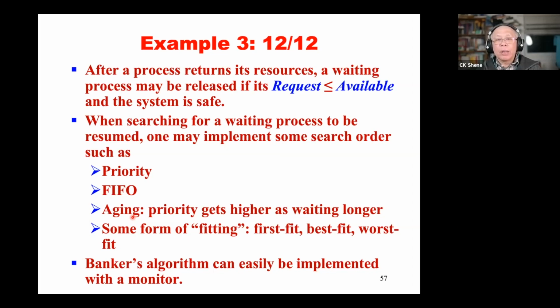This priority is not the priority for the process. This priority is assigned for the waiting one. So how do we assign this waiting priority? If you wait longer, your priority gets higher. So suppose we have 2 processes, A and B. Process A waits for 3 seconds, and process B has waited for 5 seconds. Therefore, the waiting priority of B is higher than the waiting priority of A.